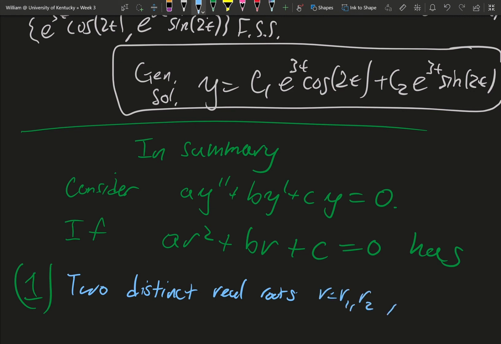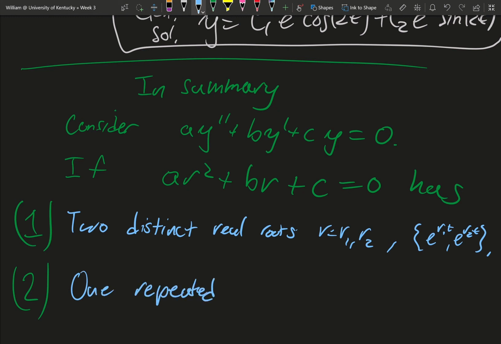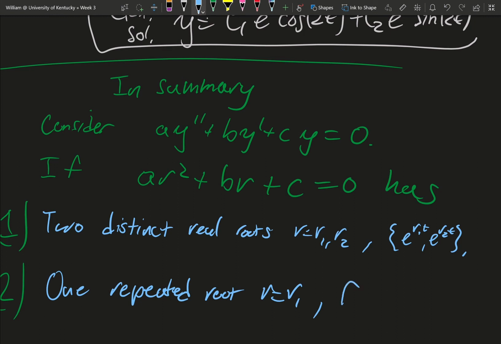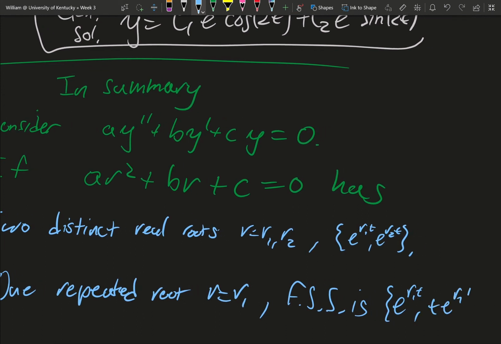Then our fundamental set of solutions is e to the r1t and e to the r2t. In case 2, if we have one repeated root, then our fundamental set of solutions is e to the r1t and t times e to the r1t.